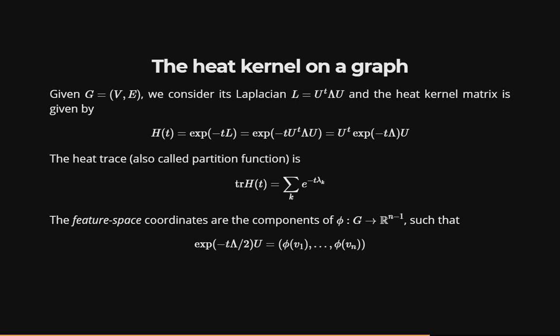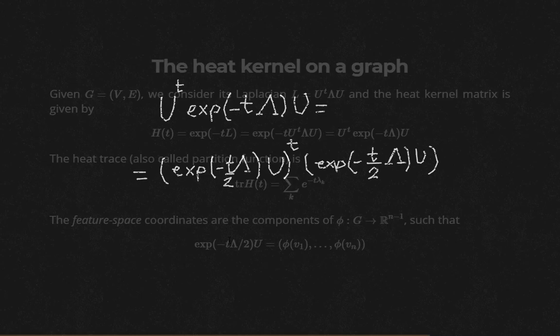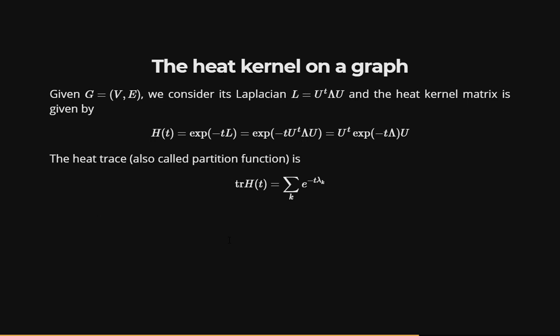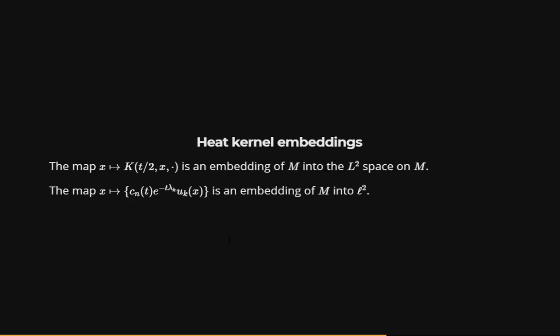So this is again, if you think the matrix U is built from the eigenvectors, and you are just multiplying every eigenvector by exp minus t over 2 lambda j, and then you're taking the ith coordinate of each. So this is exactly this. Or these if you want, it's the same thing.